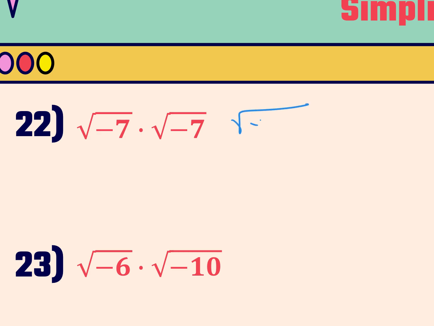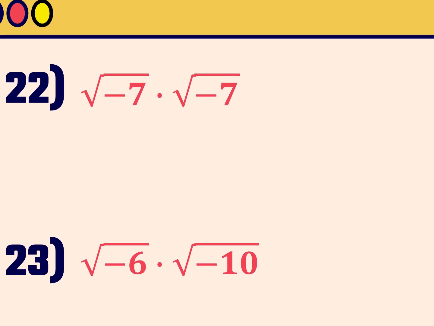So -7 times -7 equals what? 49. So my answer here would be 7. That is not true. When you are simplifying negatives underneath the radical, you have to pull what out first? The i. You have to pull the i out first. The square root of -7 is the same as i square root of 7.